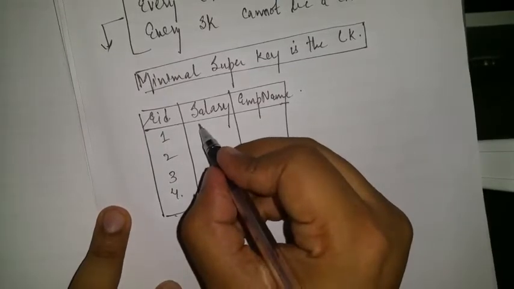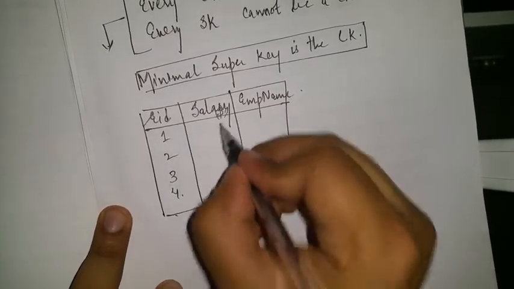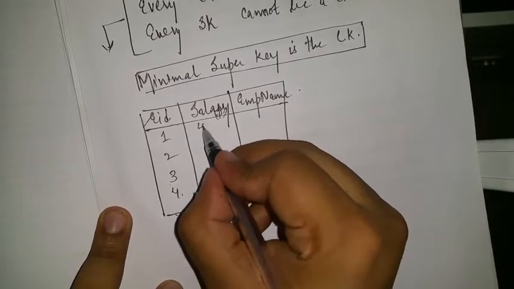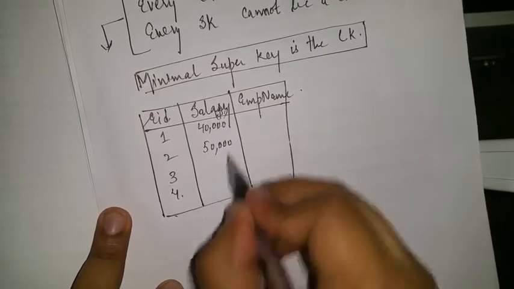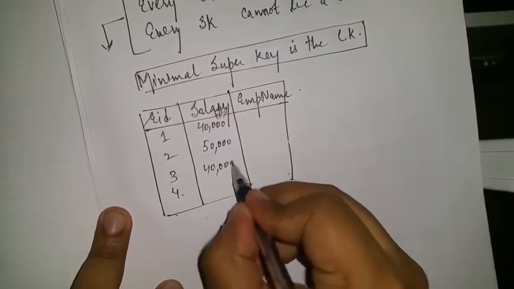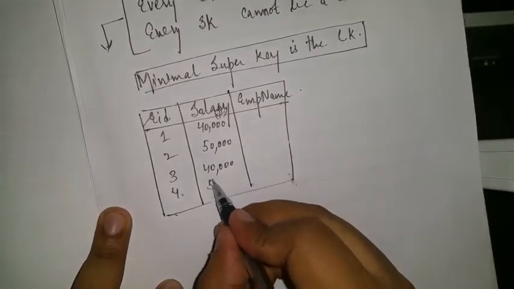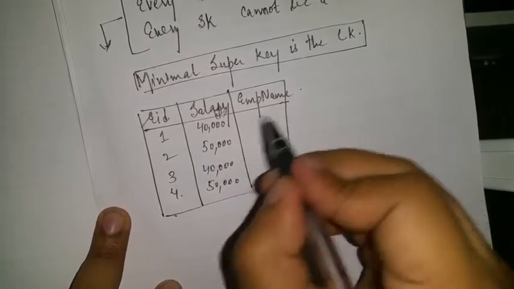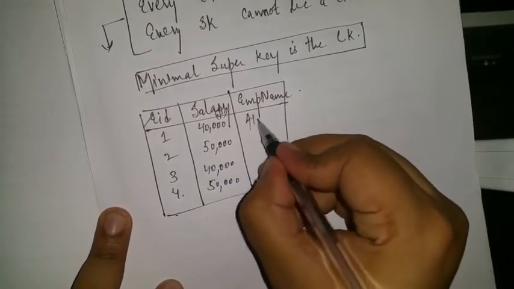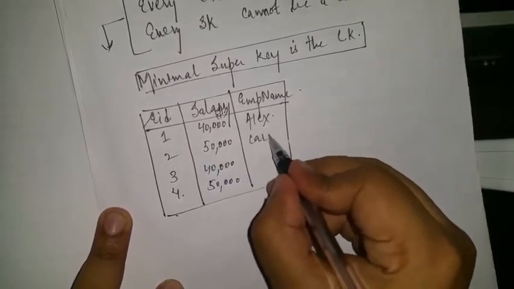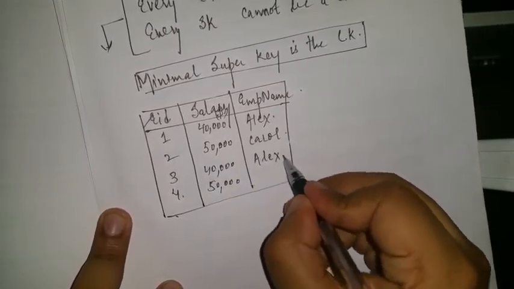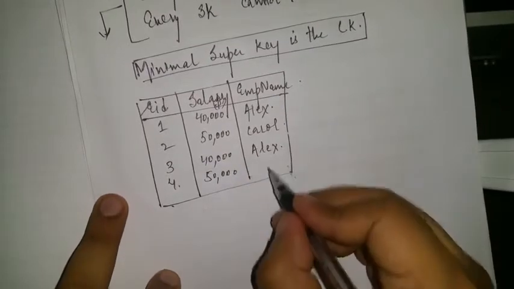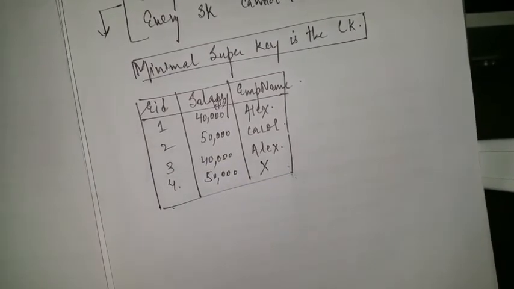Salary be salaries in dollars, 40,000, 50,000, 40,000 and again 50,000. Let the name be Alex, Carol, Alex again, and some X.